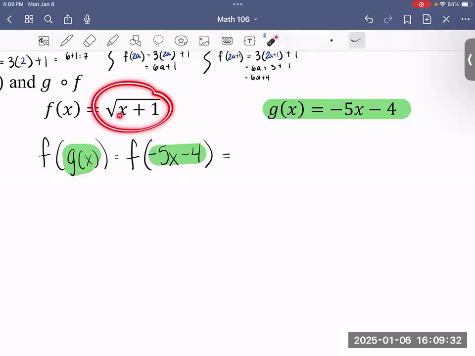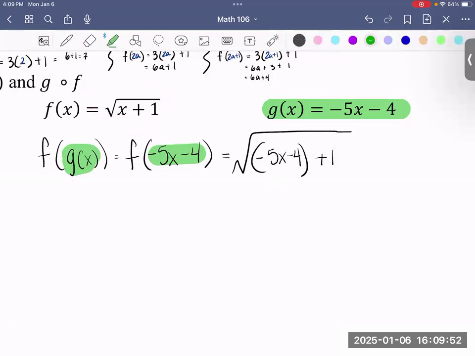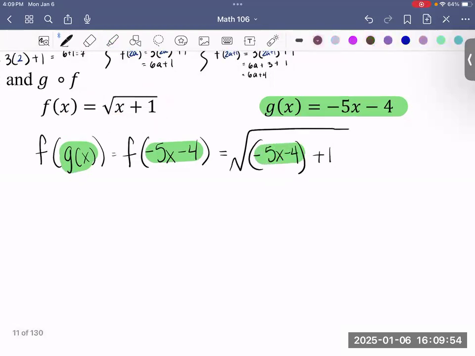Your f has this x on the inside. It used to be the square root of x plus 1. However, we said leave a gap where there's an x, and I'm going to do that one more time. I put the 1 over here. My x is now negative 5x minus 4. This used to be my x here, and I've replaced it with g.